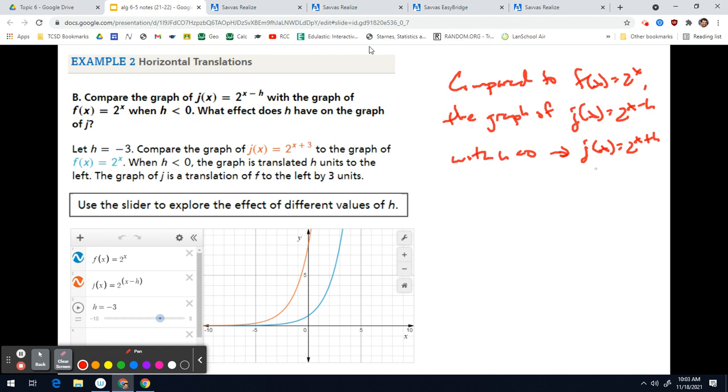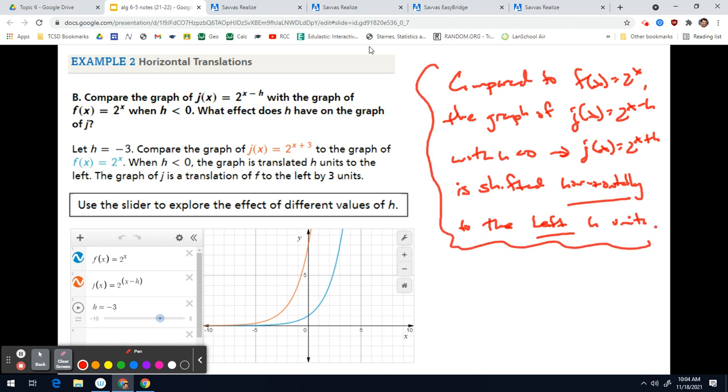Which essentially means that it is shifted horizontally to the left h units. And there you go.